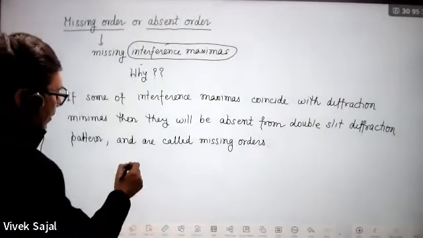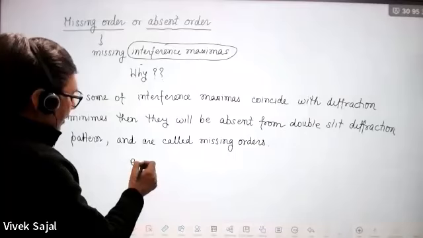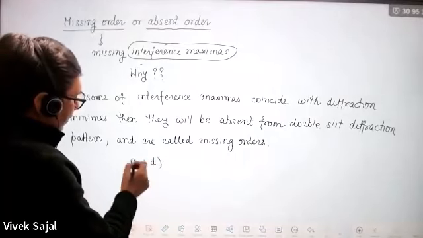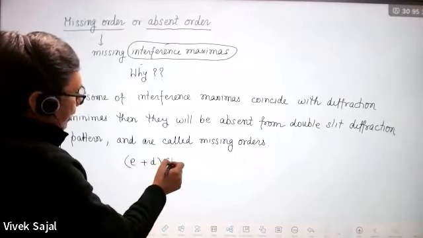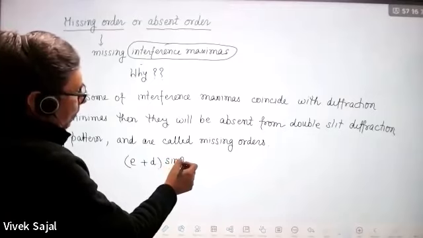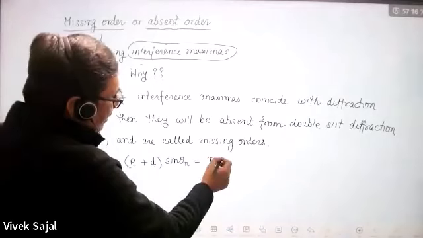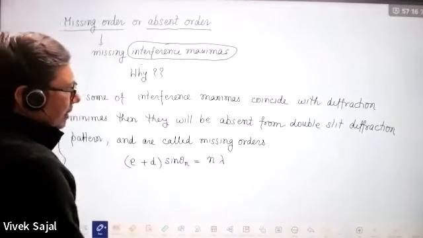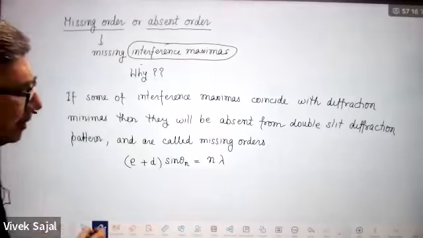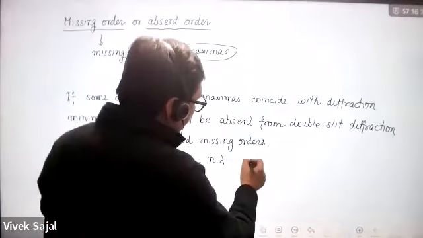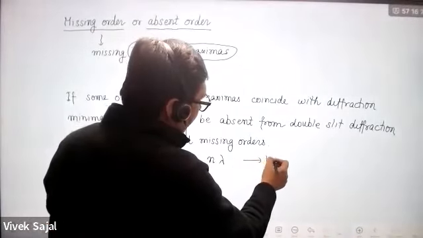So what is the condition of interference maxima? This will be (e + d) sin theta n equals n lambda. I'm not writing plus minus; on both sides it will be. So this is the condition of interference maximum.